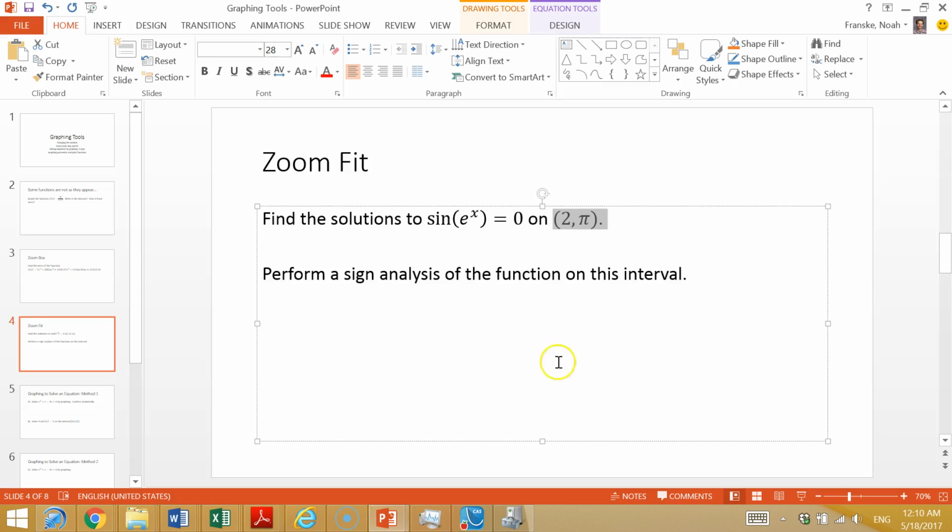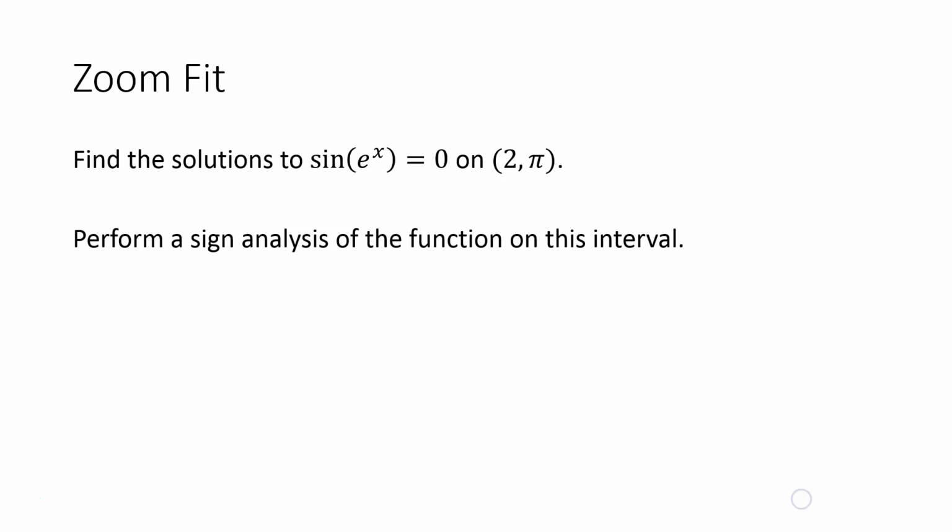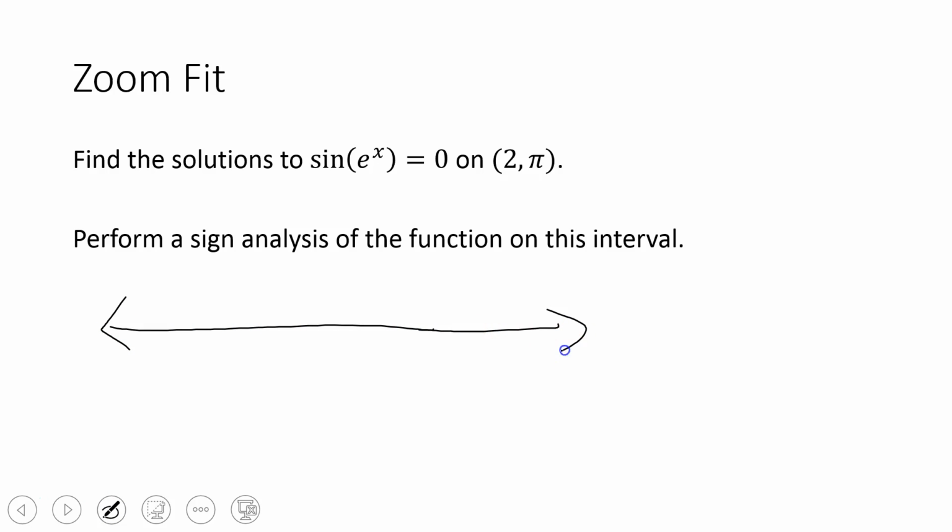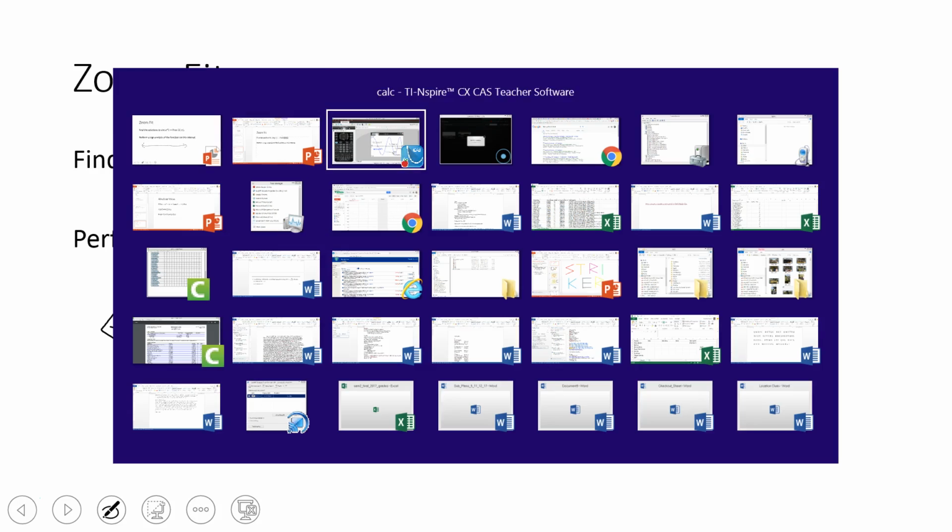Now, the next thing we're asked to do is to make a sign analysis on this interval. So I found a stylus. Let's go to big there. They ask us to do a sign analysis on this. So let's see if I can get a pen. There we go. I'm going to make my number line a little bit longer maybe, and mark off all those zeros. So let's see what we got.